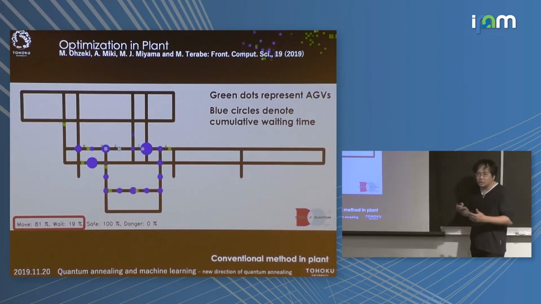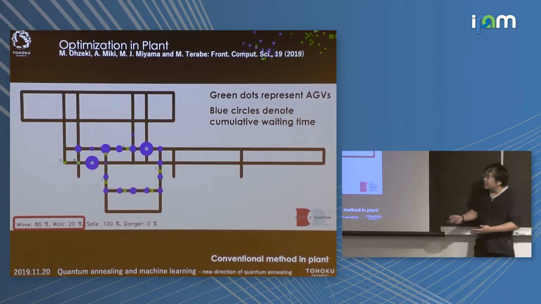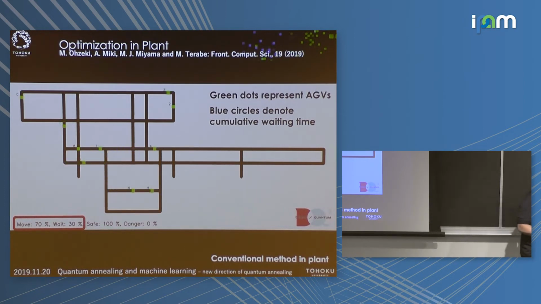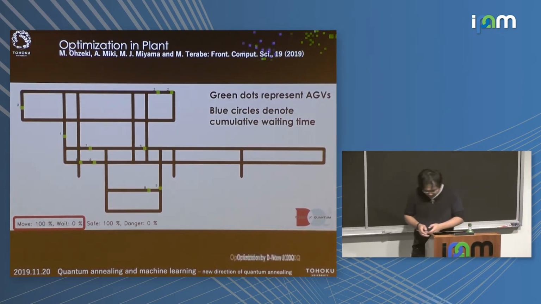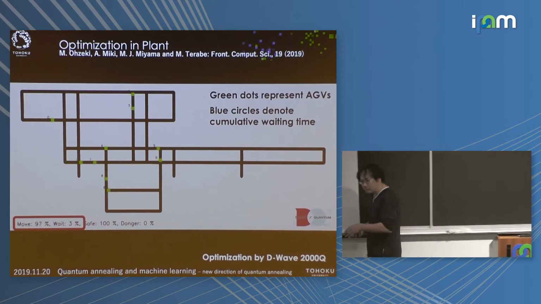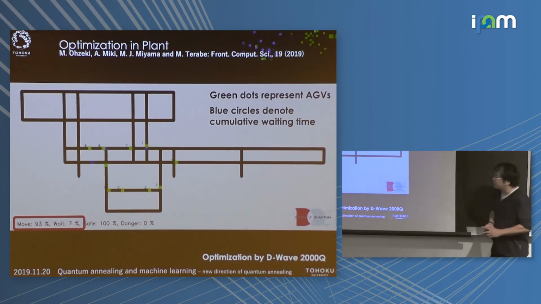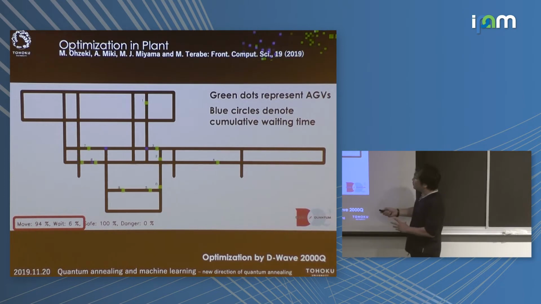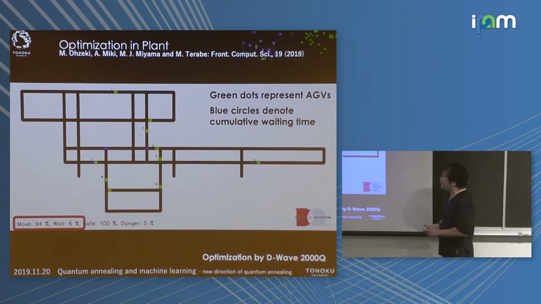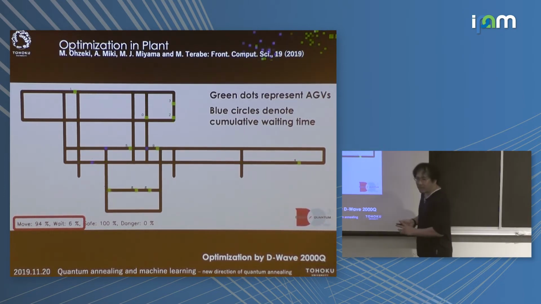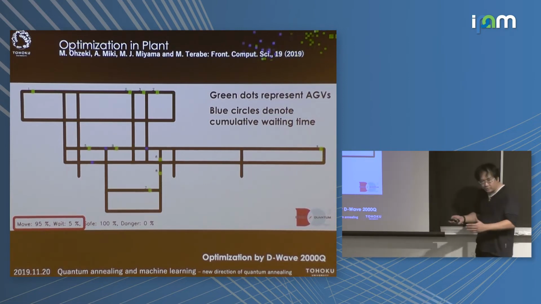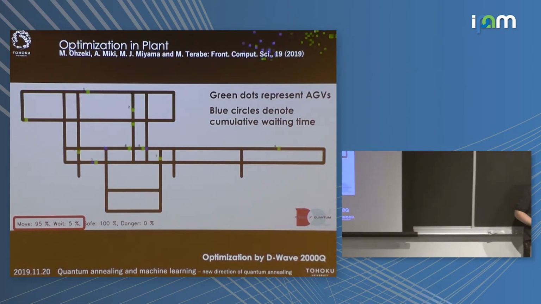This is the current situation in the real plant. But if we consider an optimization problem and solve it by quantum annealing, then yes, they observe smooth movement of the automated guided vehicles like that, and a reduction of the size and the number of blue circles. That means reduced congestions.